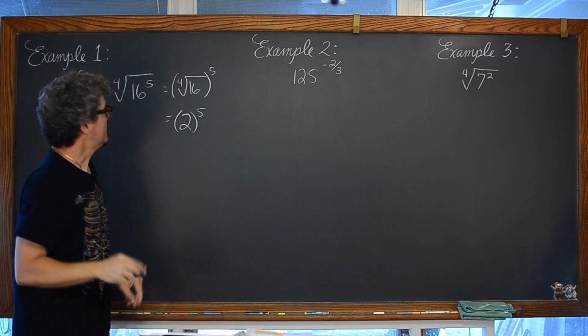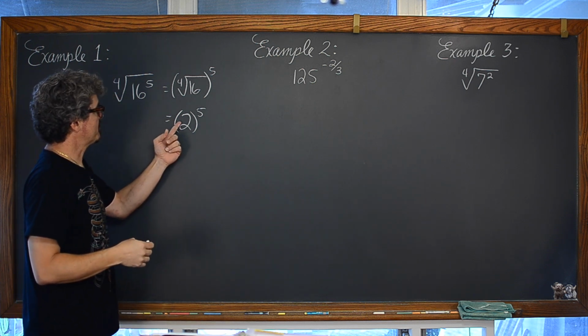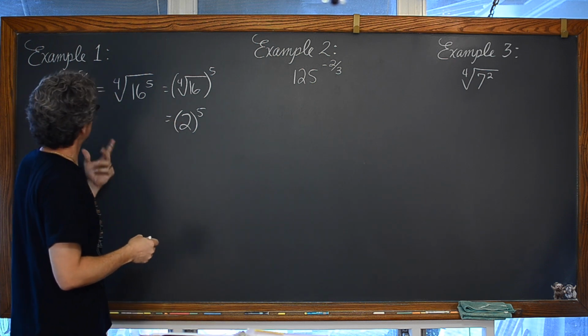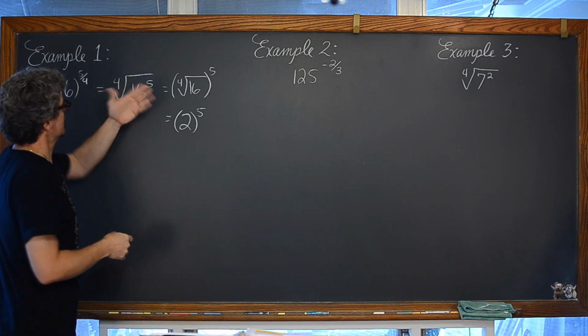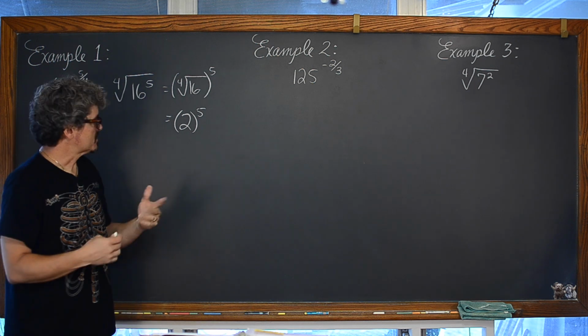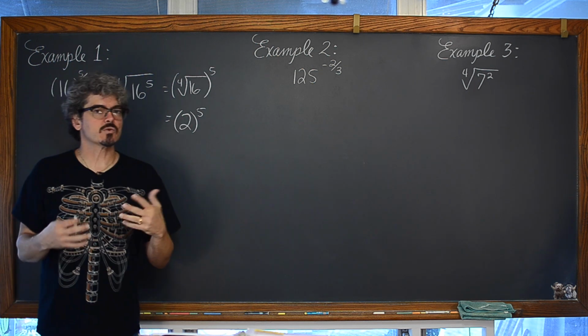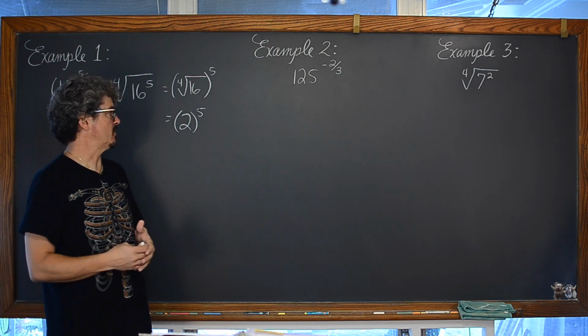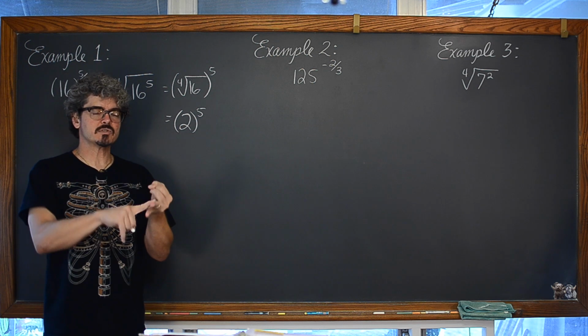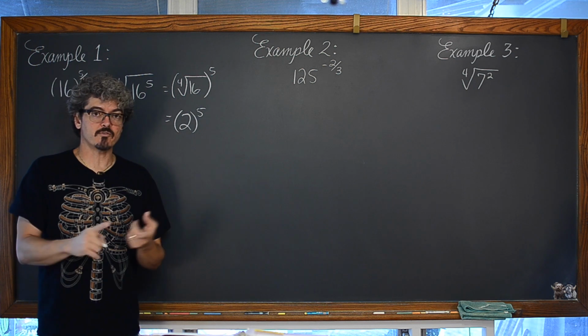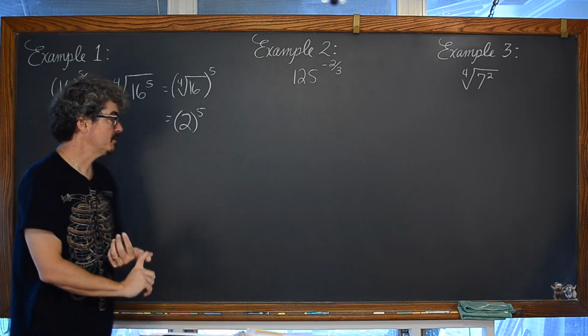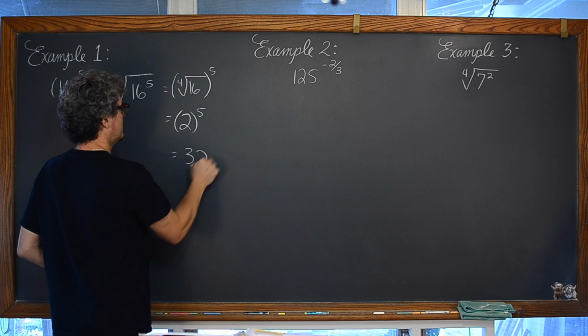And keep that parentheses around there. It's important, especially if you have something like a negative involved somewhere. So 2 to the 5th power, that's certainly something much more manageable. 2 times 2 is 4, times 2 is 8, times 2 is 16, that's where we came from, times another 2, 2 to the 5th, is equal to 32.